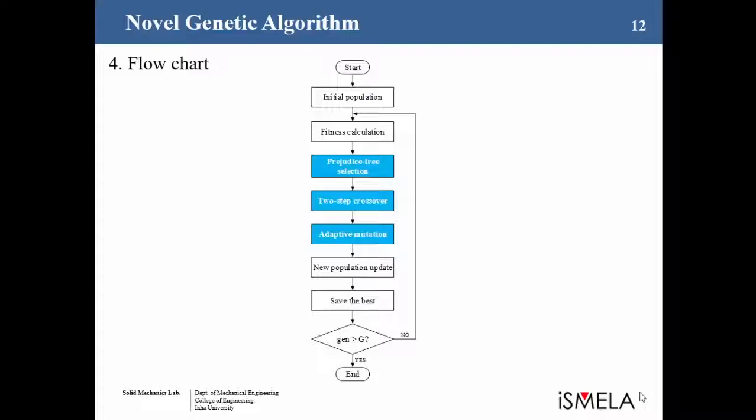After these three steps, a new population can be obtained. A new best individual can be obtained after this, and the termination condition will be tested. If it is satisfied, it will go to the end. Otherwise, it will go on with the iteration.